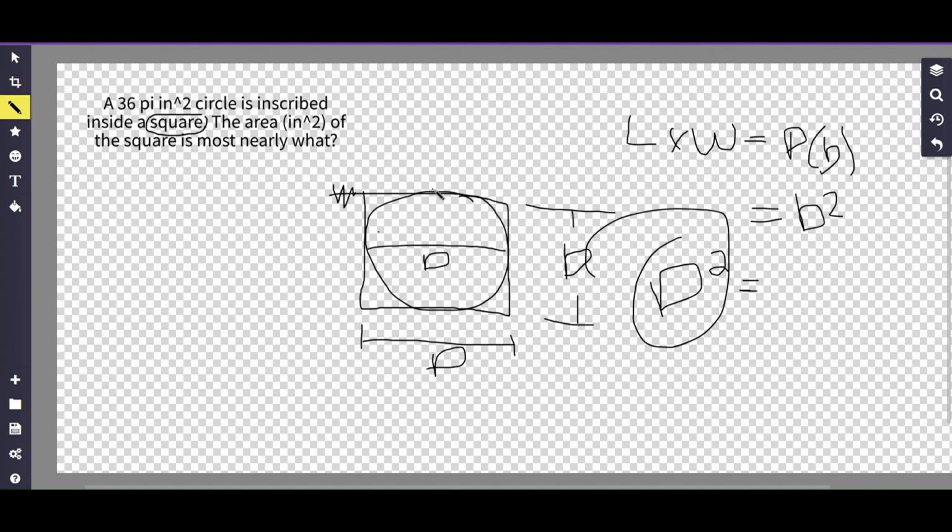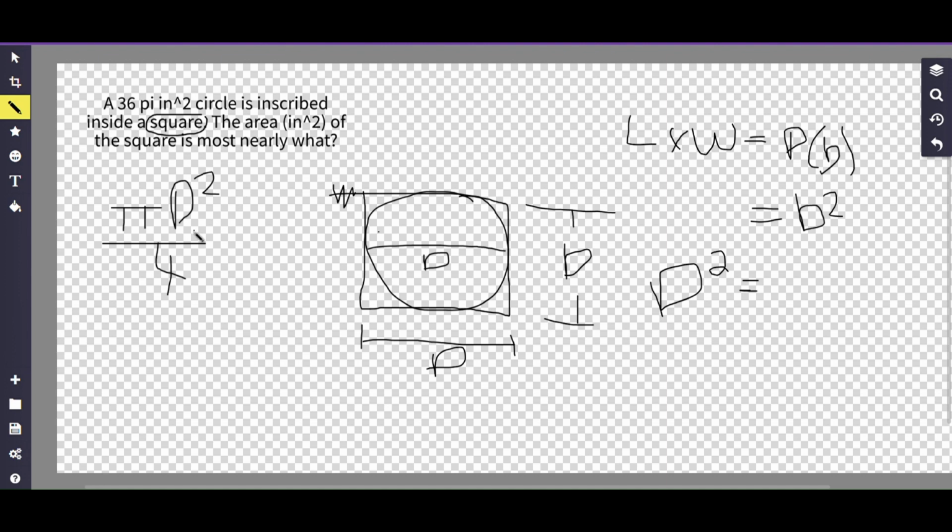What we can do is realize that because of its relationship from the square to the circle, the area of a circle is going to be diameter squared times pi all over the value of 4.